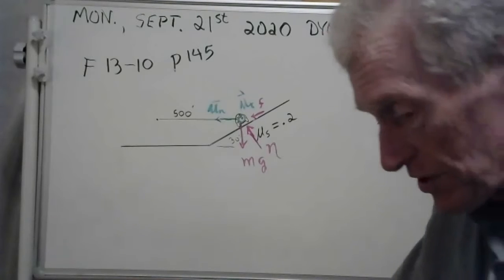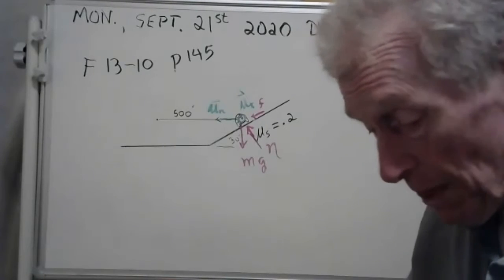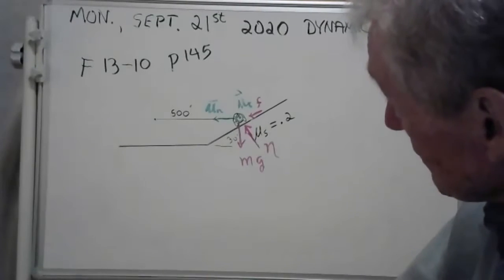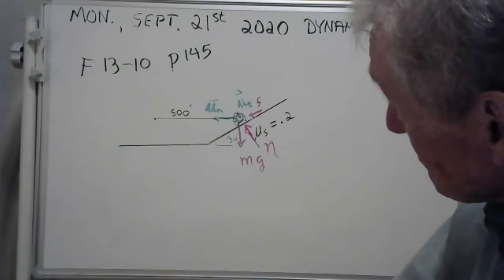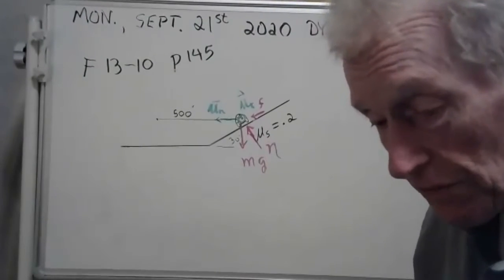But it's not just sitting there. It's moving, it's accelerating. And I don't know how to find the normal force yet. But that's it, guys. There's only those three forces, unless you know of another one.